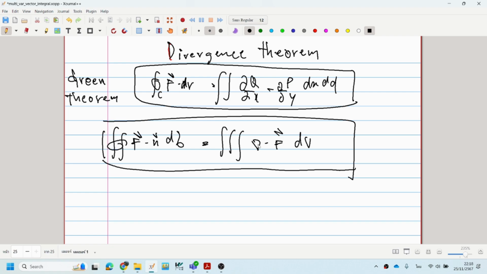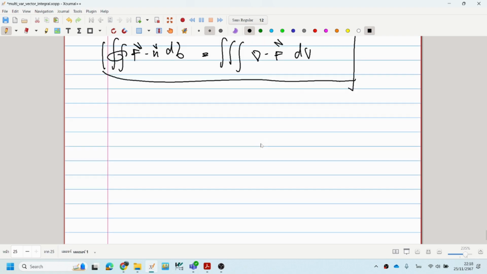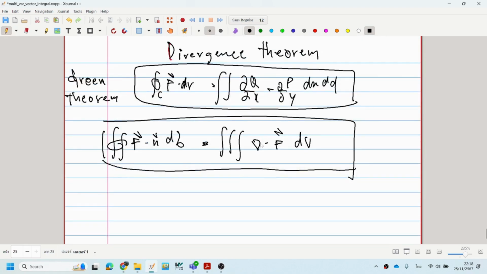Okay, the last topic, the last theorem, is the Stokes theorem. The divergence theorem is about closed surfaces, right? It's more than one surface, which I just taught you in the previous example.